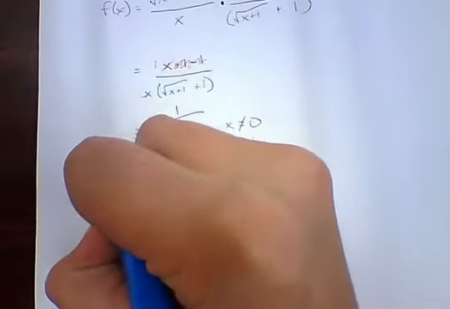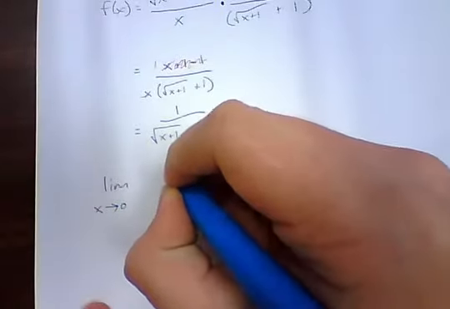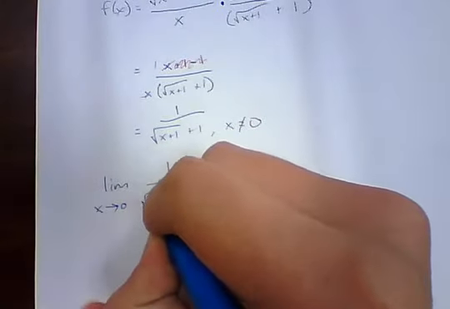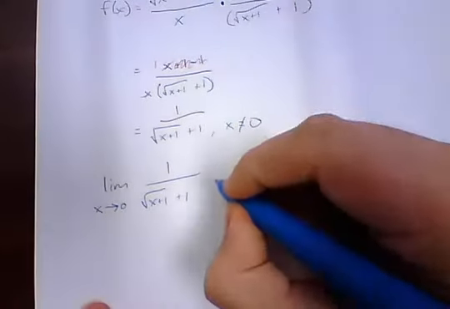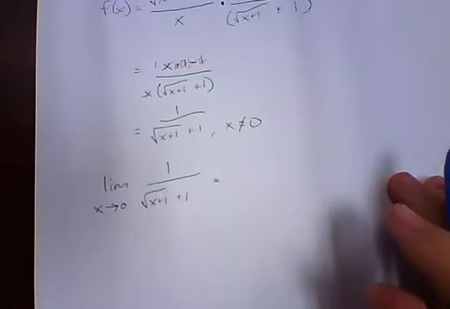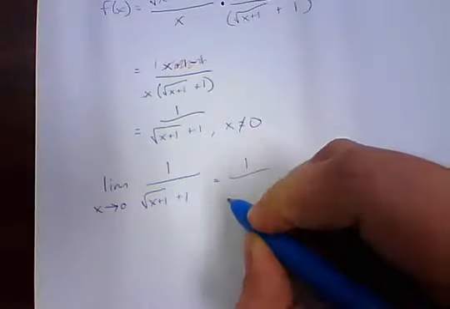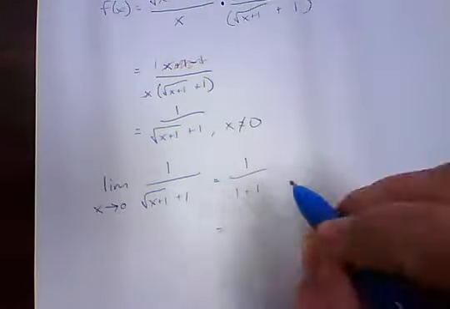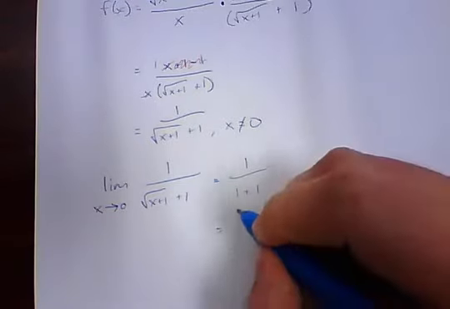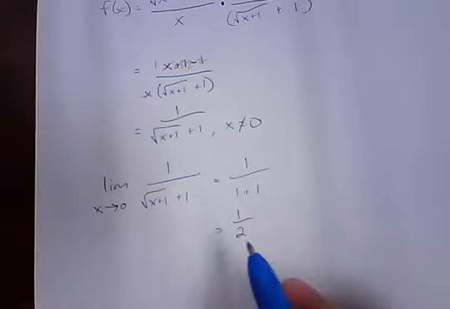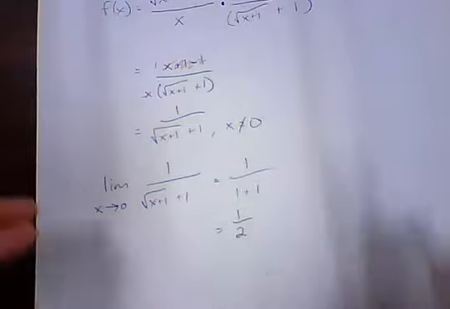So now we can say, after we did all of that work, that the limit as x approaches 0 for the new function 1 over radical x plus 1 plus 1 is the same as directly substituting in 1 over square root of 1 plus 1. And again, I didn't write all that out because we know the square root of 1 is just 1. And then 1 plus 1 on the bottom would get us 2. So the limit for our new function is 1/2.